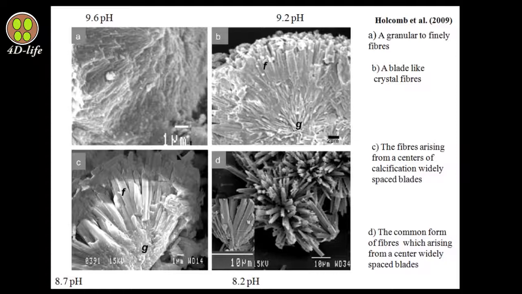If we have just a little increase in pH, up to 8.7, the coral fibers arise from a center of calcification, widely spaced blades. And at pH 8.2, the normal condition of seawater chemistry, we find the common form of coral fibers arising from a center of calcification, widely spaced in blade form.